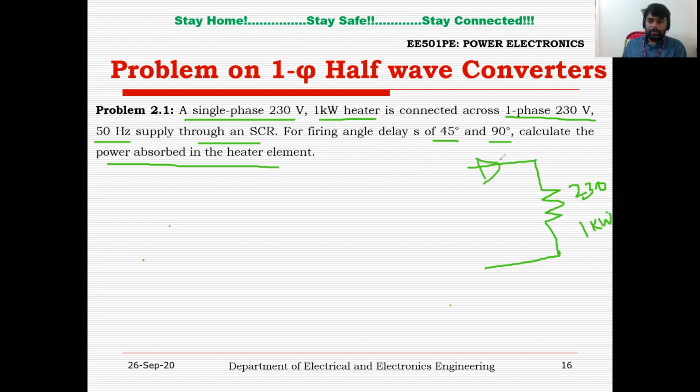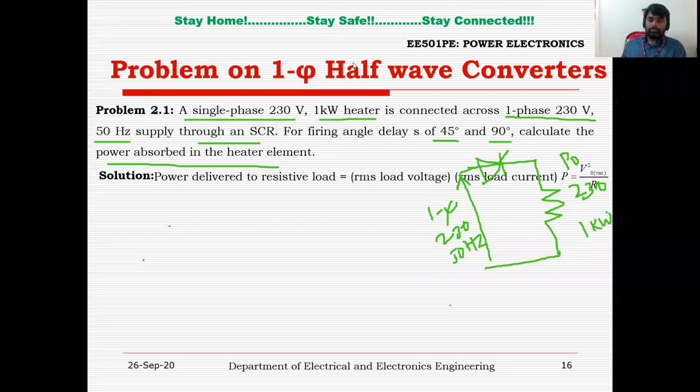So here we'll have an SCR, and here we provide the single phase AC supply, single phase 230 volts and 50 hertz. And we are asked to calculate the power absorbed by the heater. So what power it is absorbing at this firing angle, that is what we are going to calculate.